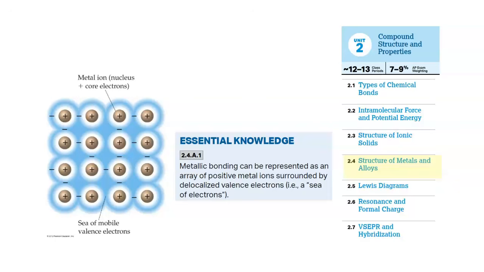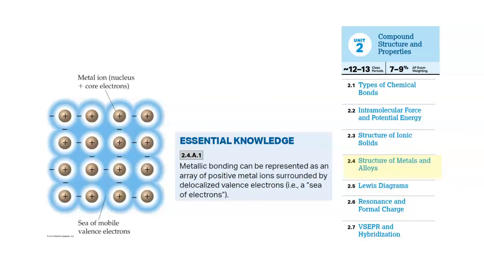The ability of a metal to conduct electricity can be explained by the information in topic 2.4 of the AP Chemistry curriculum. Topic 2.4, Structure of Metals and Alloys, includes the following essential knowledge statement. Metallic bonding can be represented as an array of positive metal ions surrounded by delocalized valence electrons, that is, a sea of electrons.